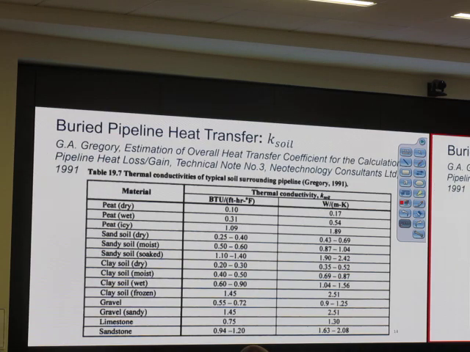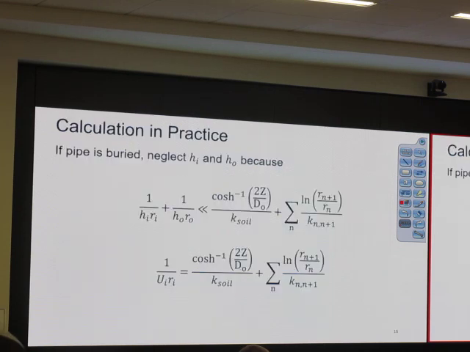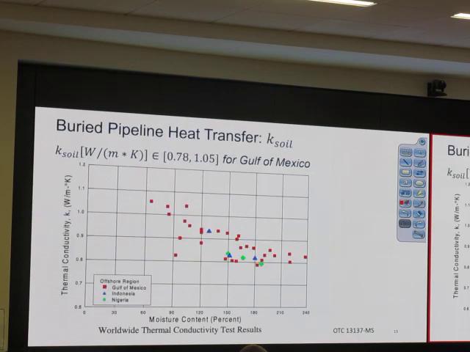So at the end, we will have one more term pop up over here, which is a heat resistance due to the soil, because the pipe is buried. This may be too complicated, it's just too much. But just so you know, even if the pipe is buried, there's a way to calculate heat loss. We skip all these equations.